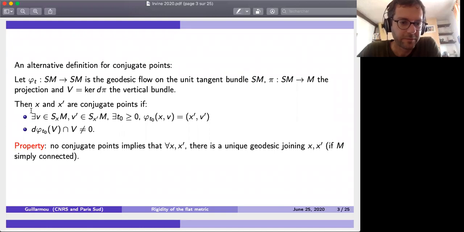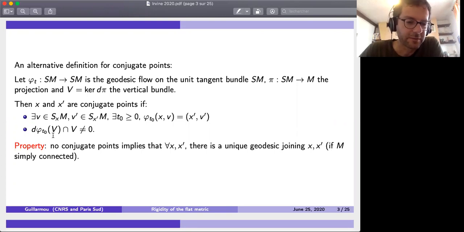We say that, equivalently to what I defined before, it can be proved that x and x prime are conjugate if, again, x and x prime can be joined by a geodesic. So v is the tangent vector at x pointing toward x prime along the geodesic, and v prime is the tangent vector of the geodesic arriving at x prime.